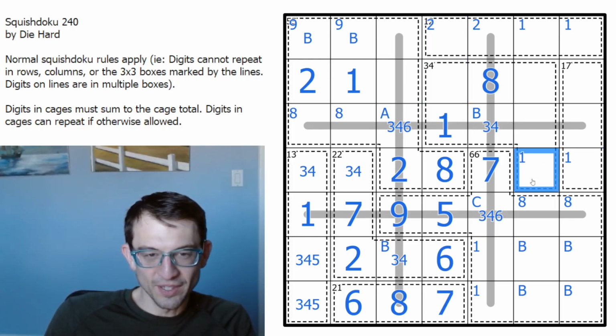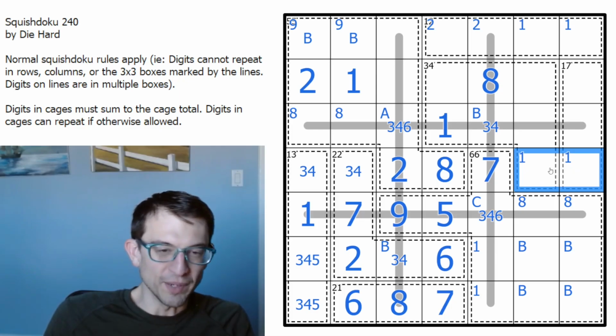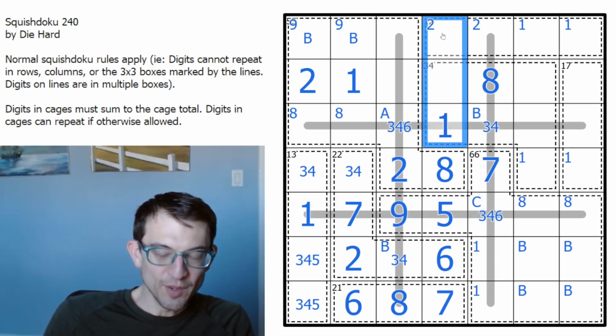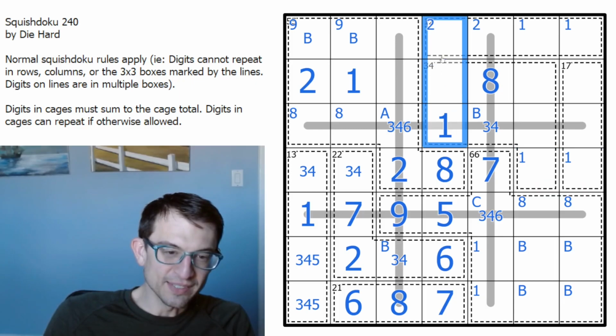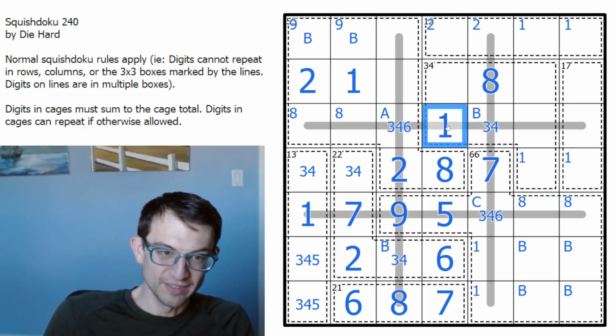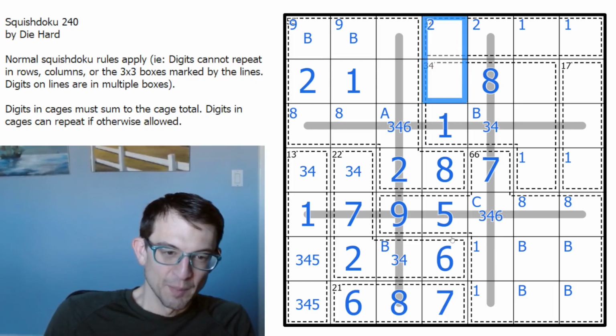Suppose I put the 9 down here. Well, this becomes a 1-9 pair, right? And then, so that's 10. How do I make this add up to 8? Well, I have a 1 already. So these two add up to 7, but 5 and 6 are taken. So this is going to have to be a 3-4 pair.